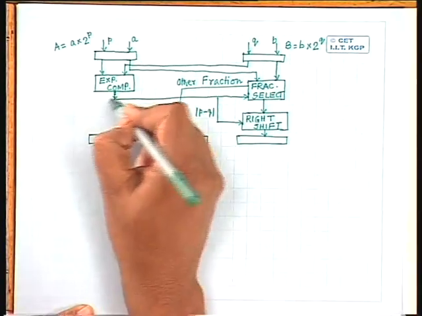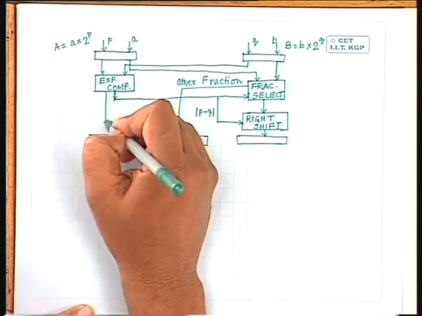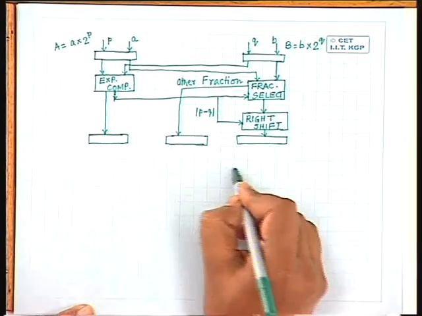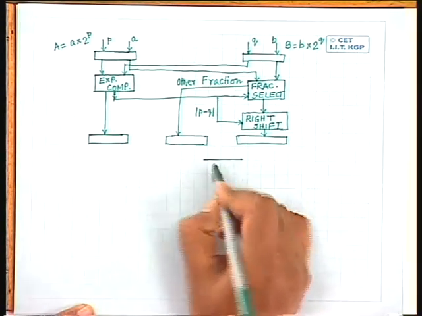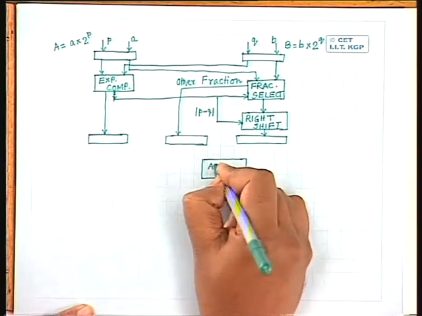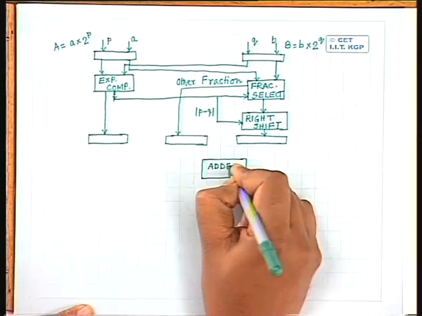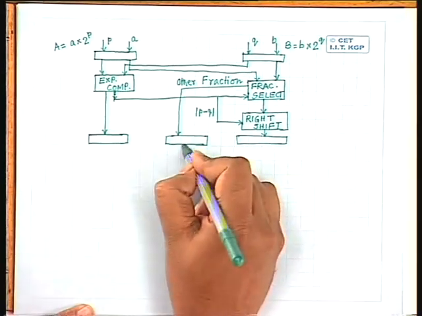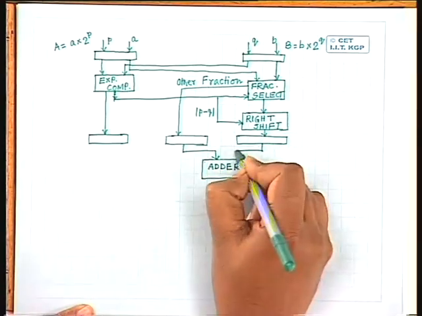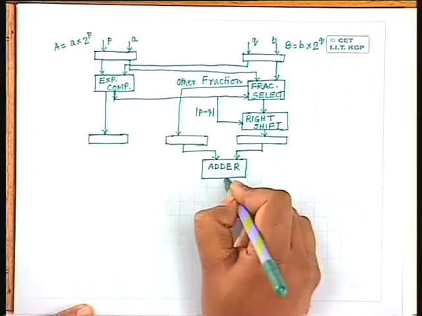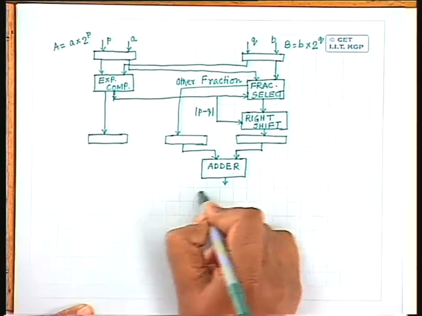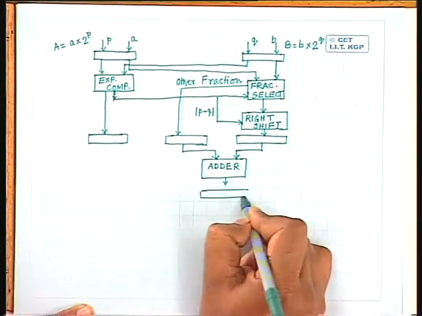And here from the exponent comparator I get the maximum exponent. Now after performing this, I need one adder element, that is the fraction adder, which will add the original fraction with the normalized fraction to give you the resultant fraction. This resultant fraction I can latch into another one.